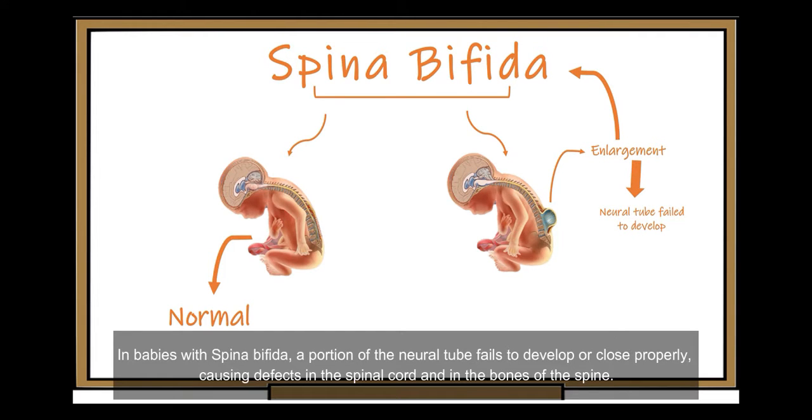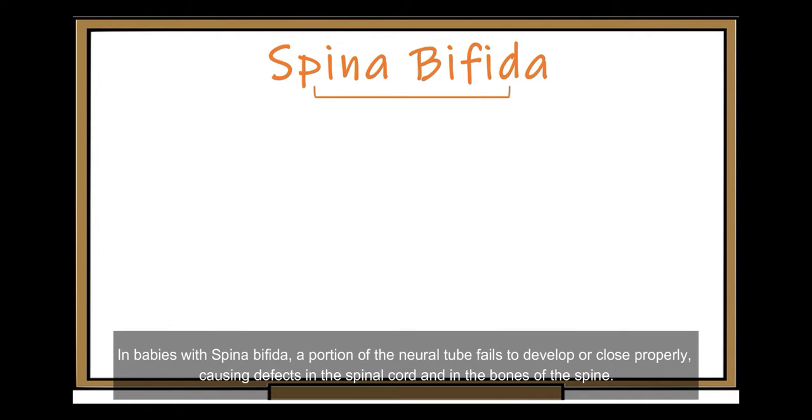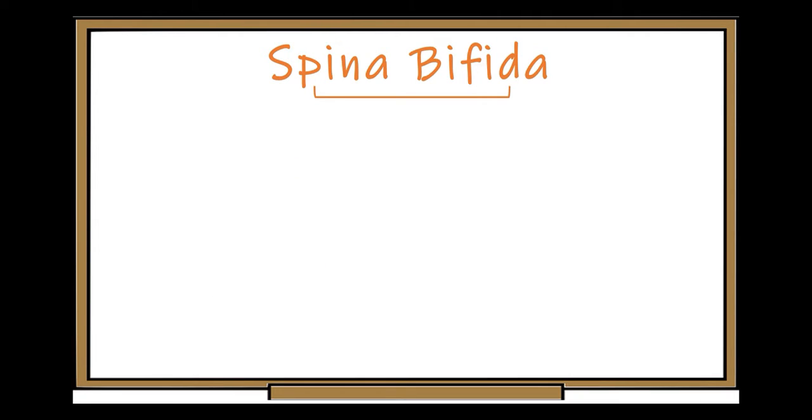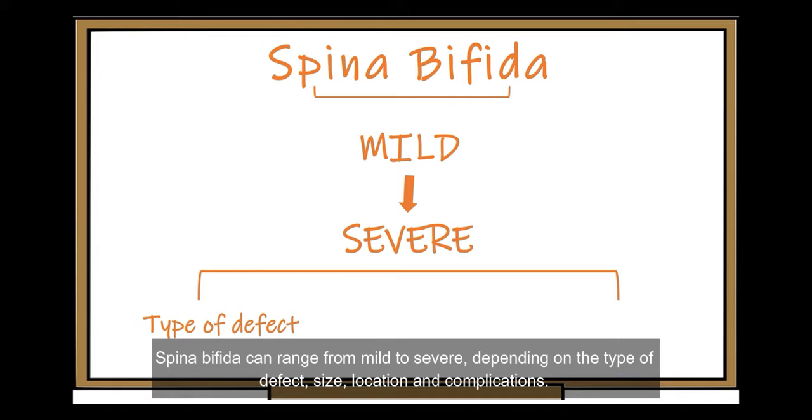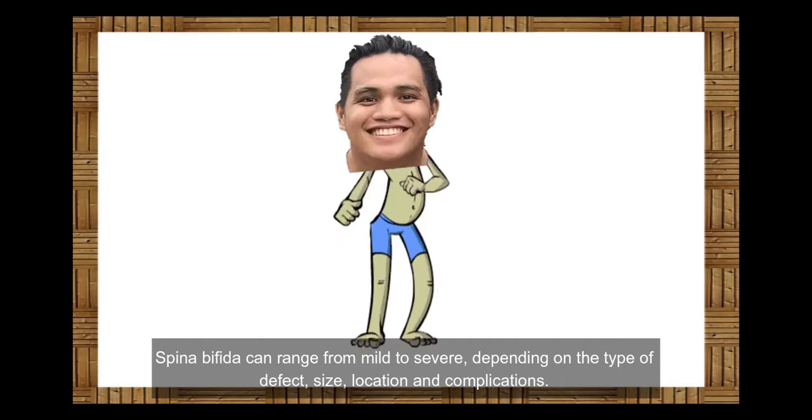In babies with Spina Bifida, a portion of the neural tube fails to develop or close properly, causing defects in the spinal cord and in the bone of the spine. Spina Bifida can range from mild to severe, depending on the type of defect, size, location, and complications.